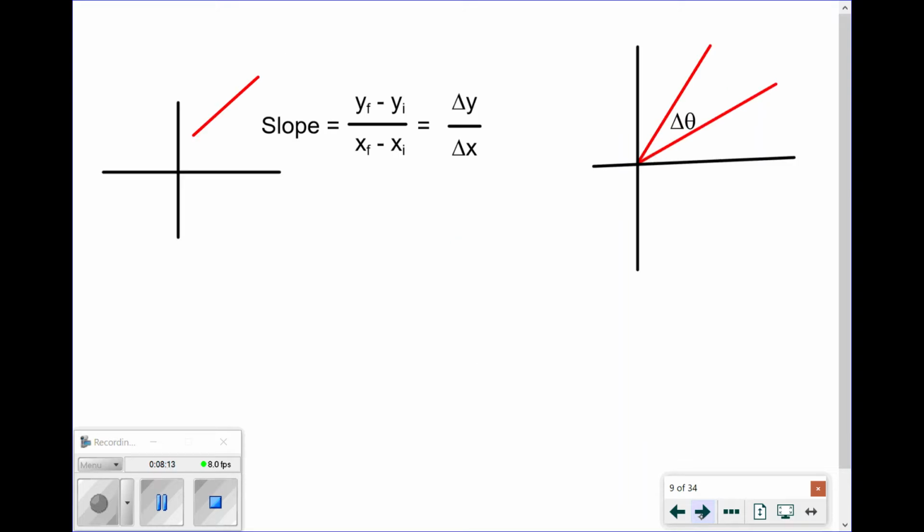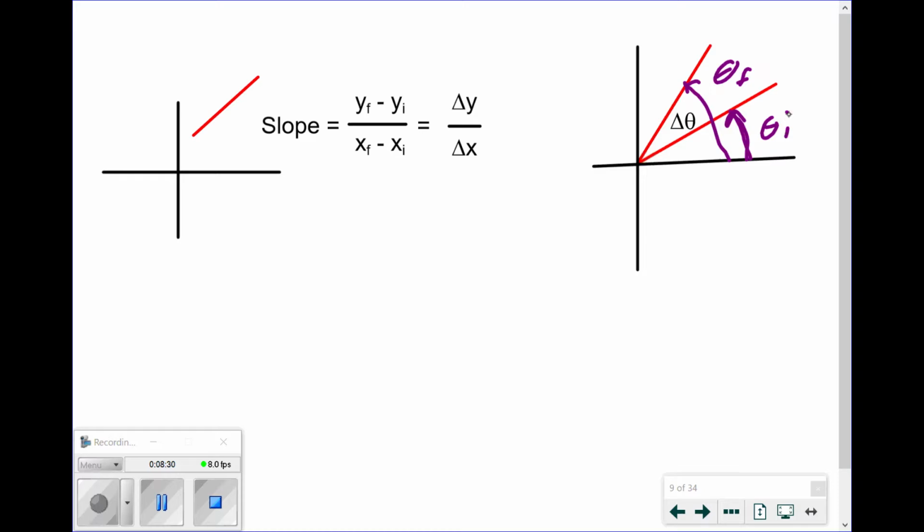We'll also see this sometimes with angles. If we have these two lines, I could see that I have an angle theta here. And then if my bar moves up, I'd have another angle over here.